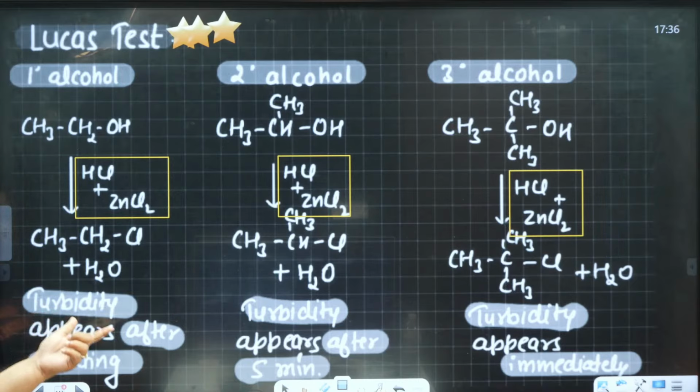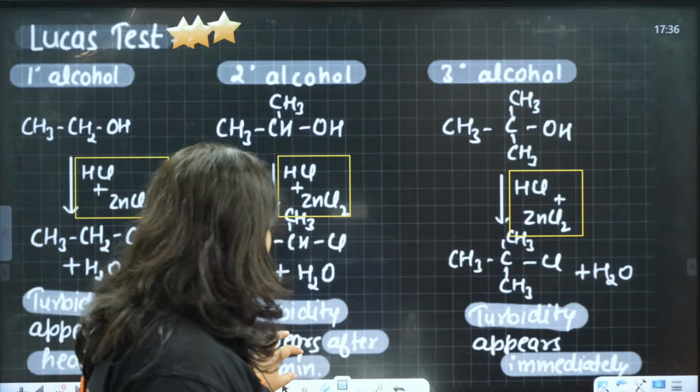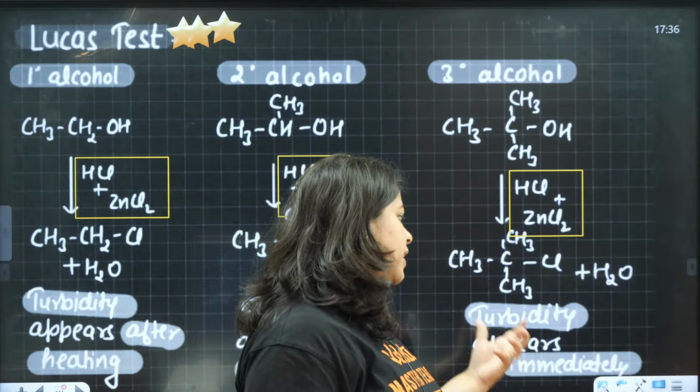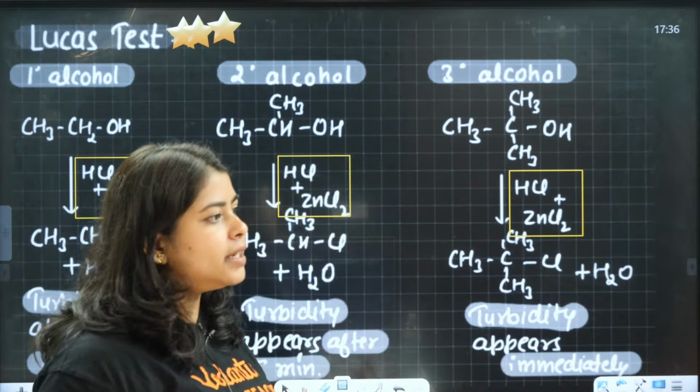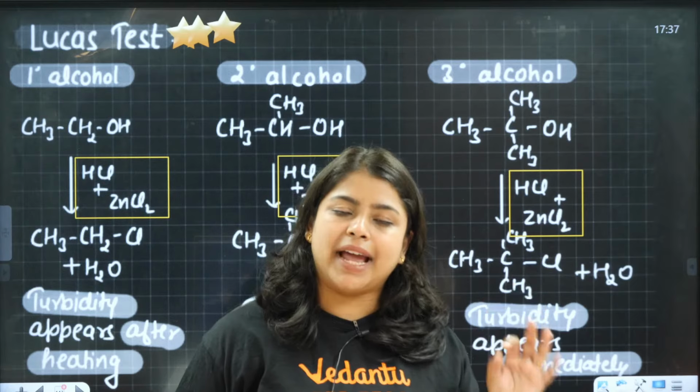We are going to get turbidity after heating. Here the turbidity appears after 5 minutes. Here it is immediate, which means the reaction is immediate. Turbidity will show immediately in tertiary alcohol.